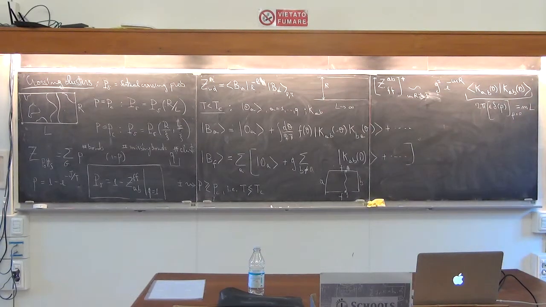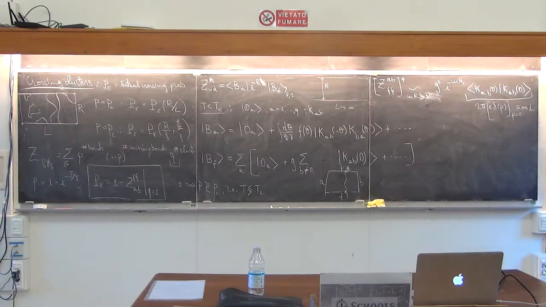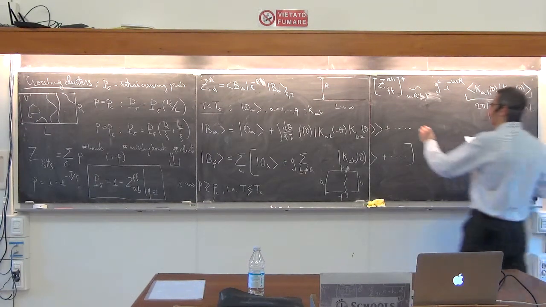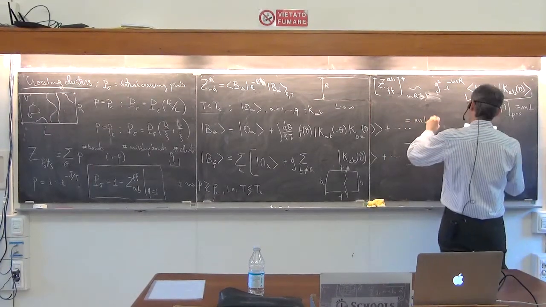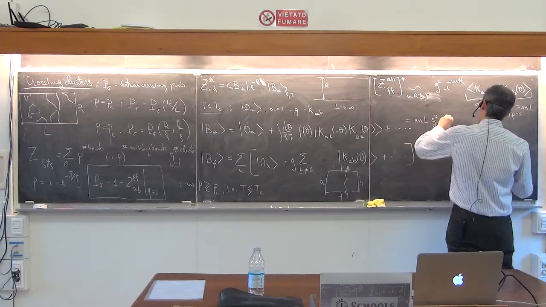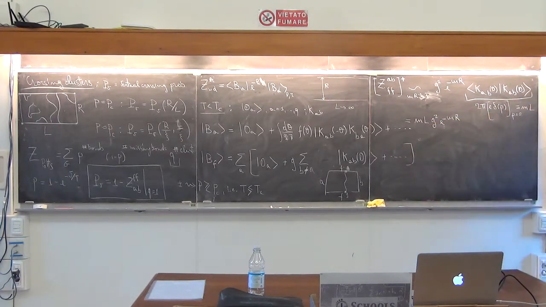So you see, through the delta function regularization, I get back the L dependence that initially I said was very large, but it comes back in this way in the computation. So, putting all together, this is m L G squared e to the minus mR, as far as the leading behavior is concerned.